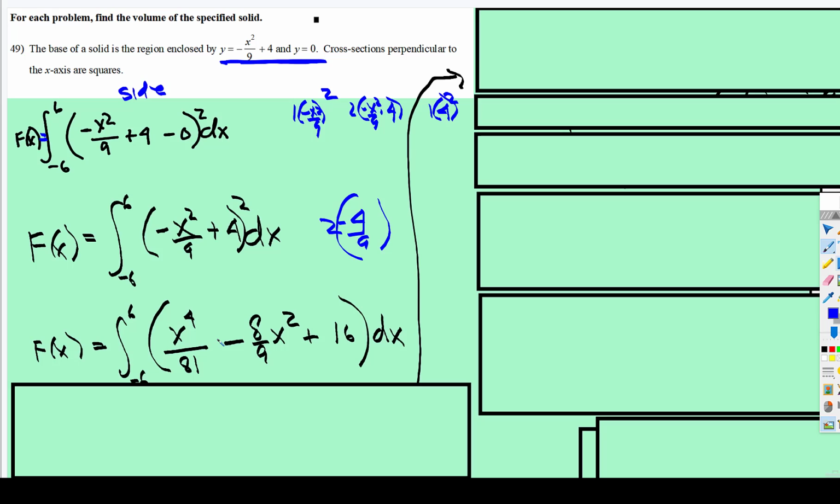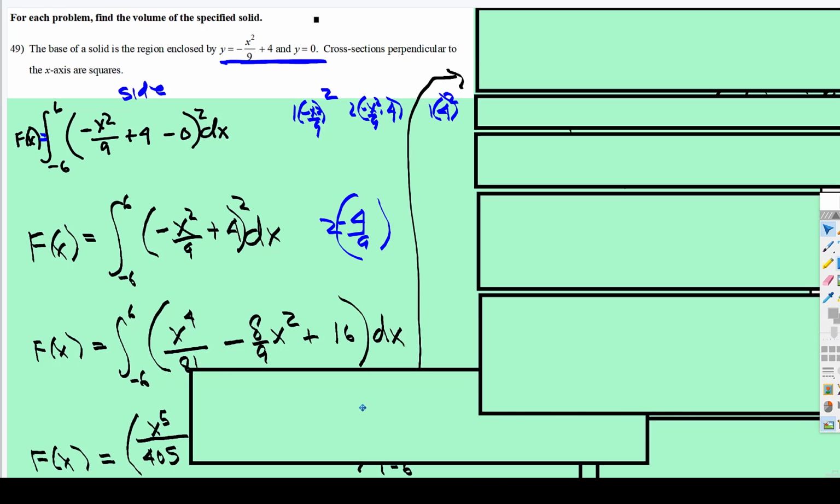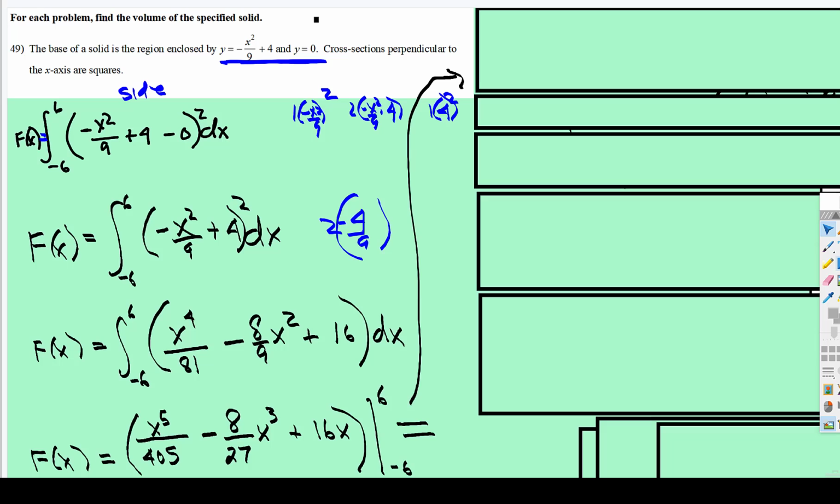We are now ready to integrate, because we've simplified that as much as possible. So when we integrate, we add 1 to the 4, which is 5, and we divide by 5. Since there's already a denominator, 81 times 5 is 405. So we have x to the 5th over 405 for this first term.